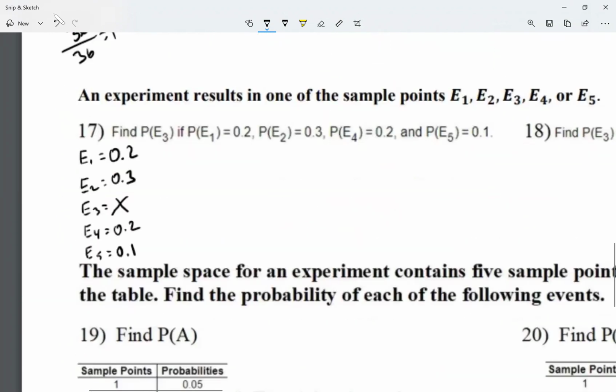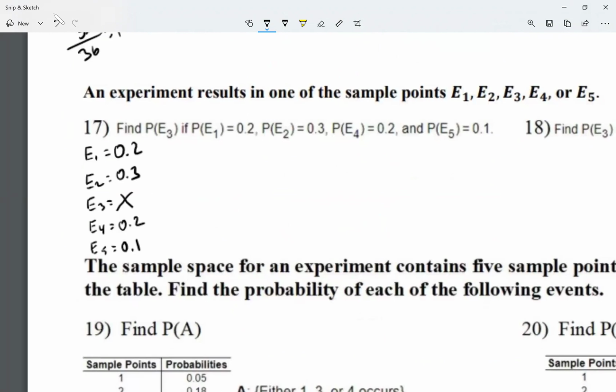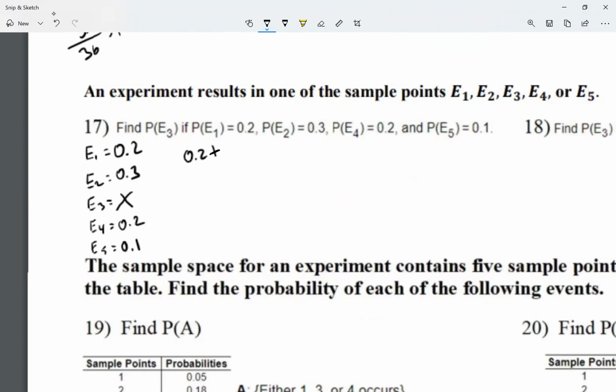So here, let me add all of these. I have 0.2 plus 0.3 plus X plus 0.2 plus 0.1, all of them equal to 1. Again, when I add all my probabilities, it has to equal 1.